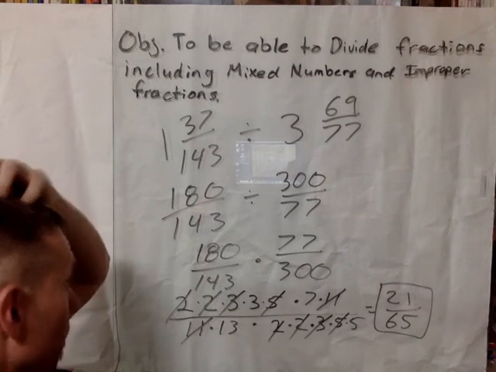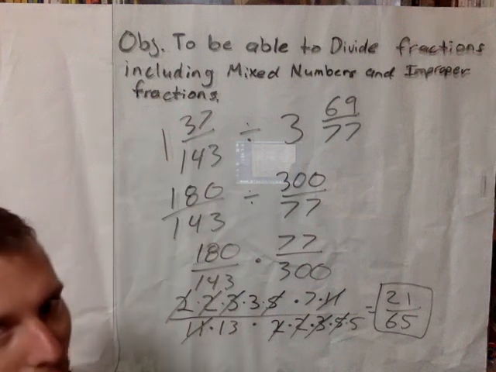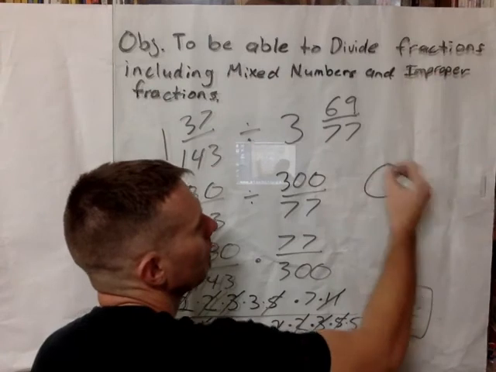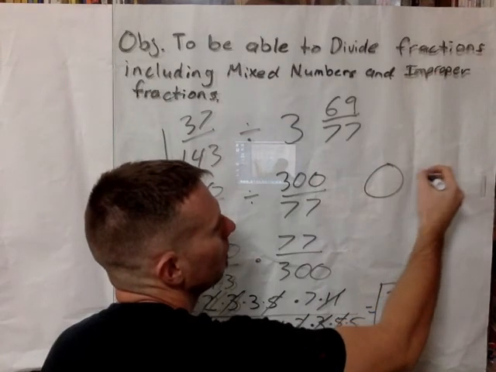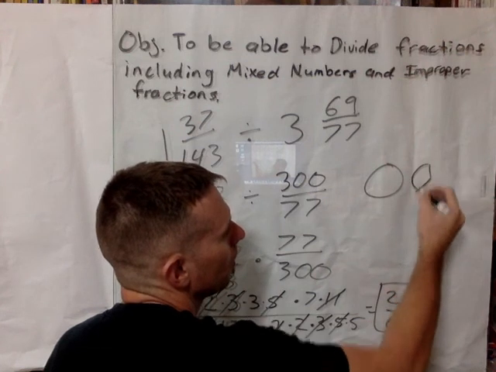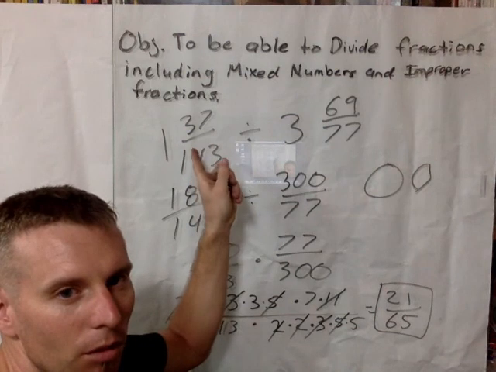Now, let's check this answer. I'm just going to do some very crude rounding. I'm going to call this 1 1/3. I'm going to estimate or approximate this to 1 1/3.